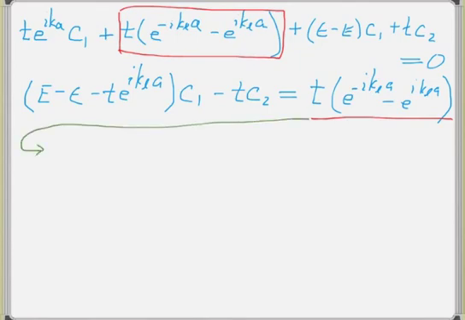This term becomes negative i 2t sine ka. I just combined the two exponentials into a sine function, using the definition that e^{i ka} minus e^{-i ka} is 2i sine ka.